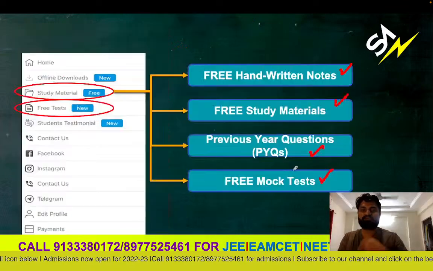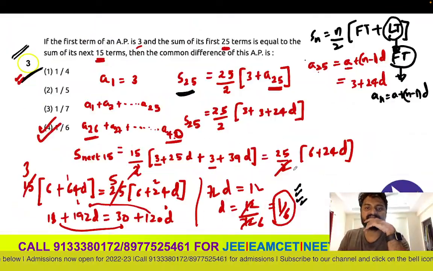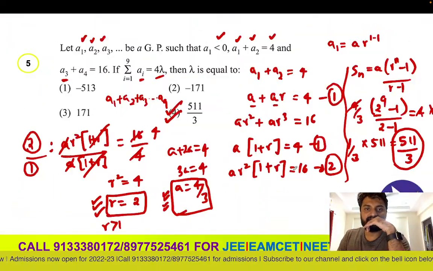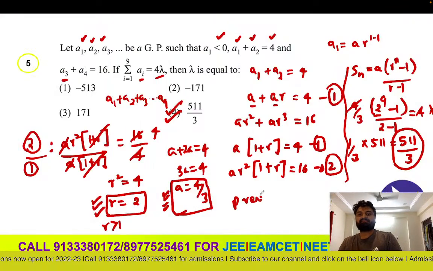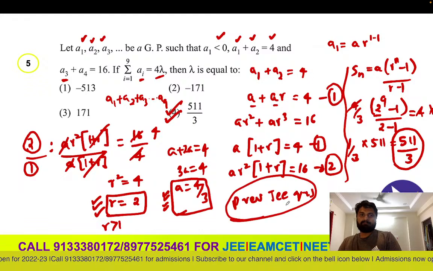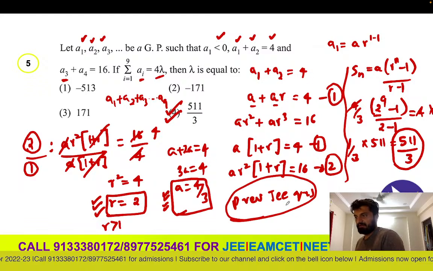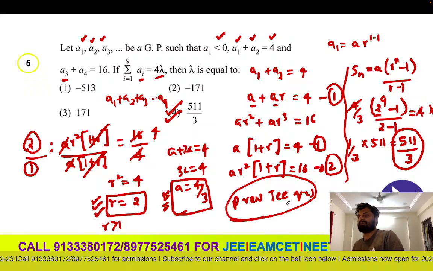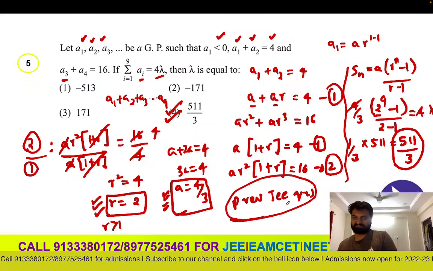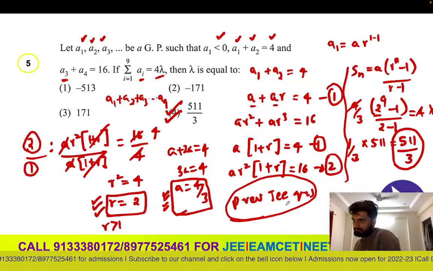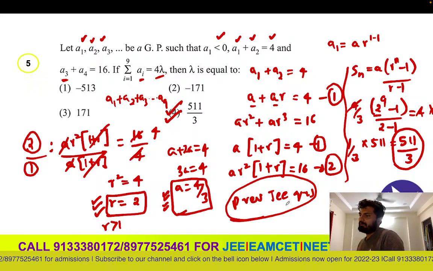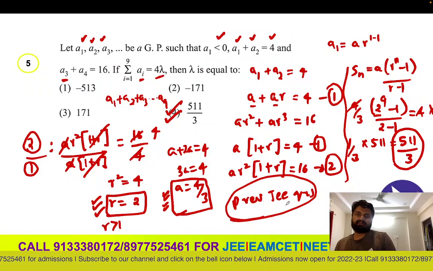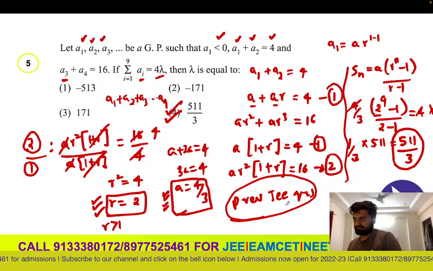So this is your sequence and series chapter, where we picked questions from previous years' JEE papers, 2020, 2021, 2022. It is a very useful chapter. They ask one question every year in JEE Mains from sequence and series.